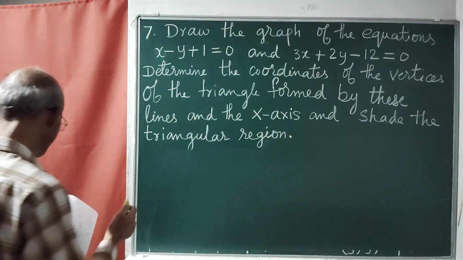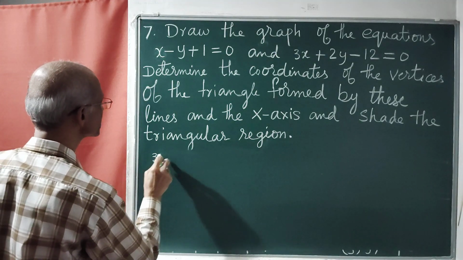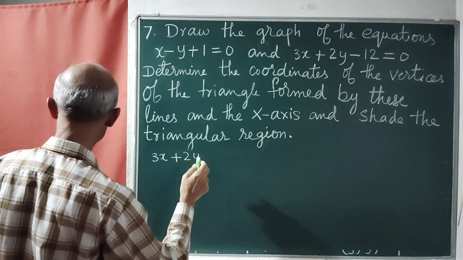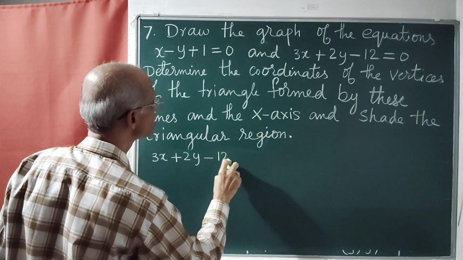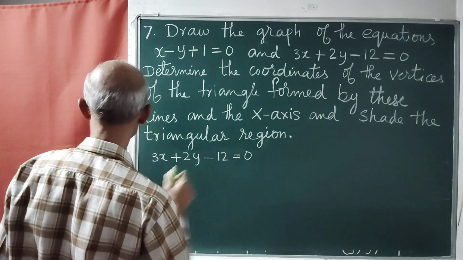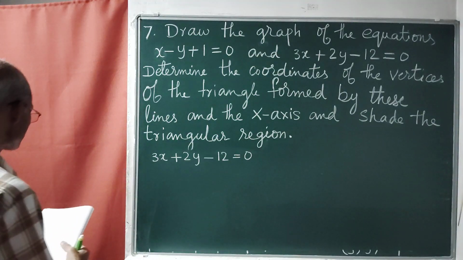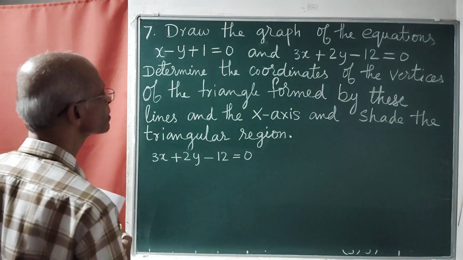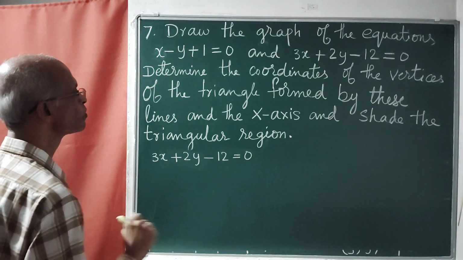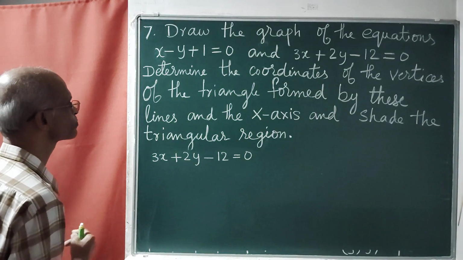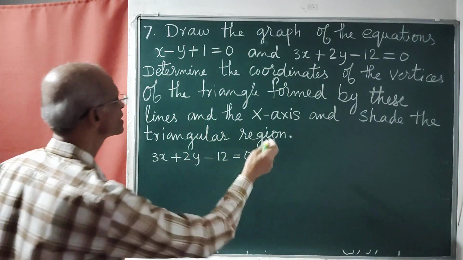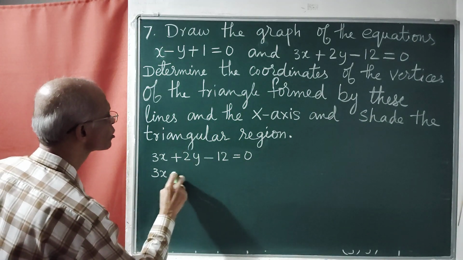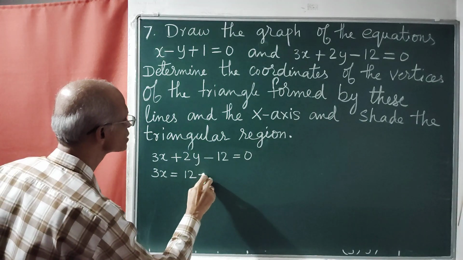Now the second equation was 3x plus 2y minus 12 is equal to 0. So now I will transpose 12 and 2y to the right side. 3x will be equal to 12 minus 2y.